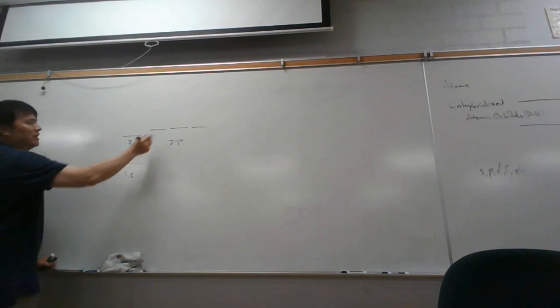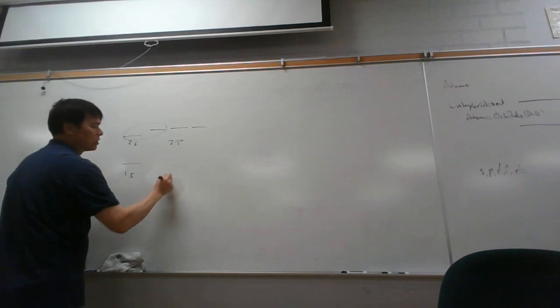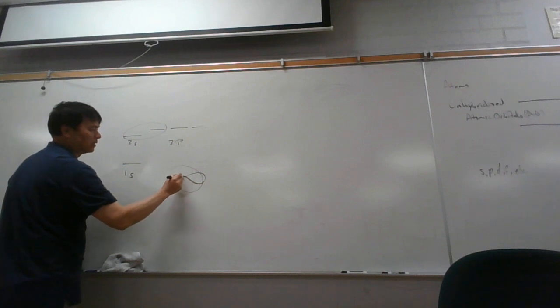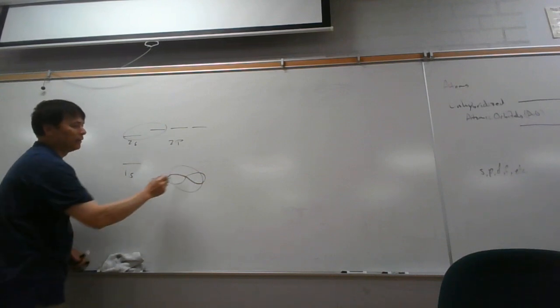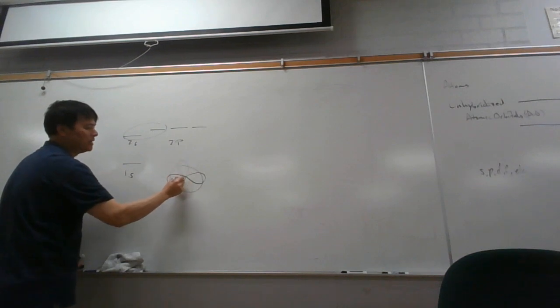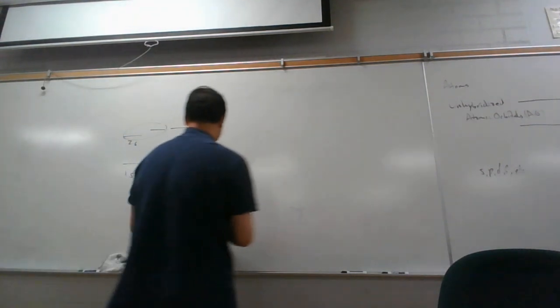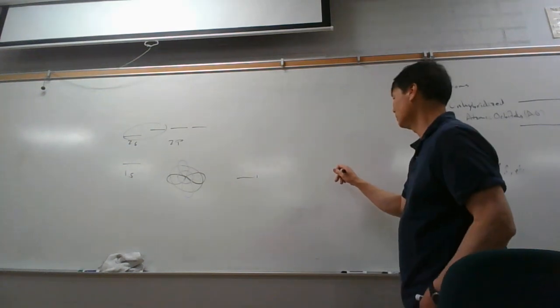So if we take an s and one of the p's, I can draw an s orbital like this, and then one of the p's, we'll draw the px like this. That's going to leave a py and a pz that are going to be unhybridized. So we'll draw those like this. And when we hybridize that, we're going to get the sp hybrid orbitals.